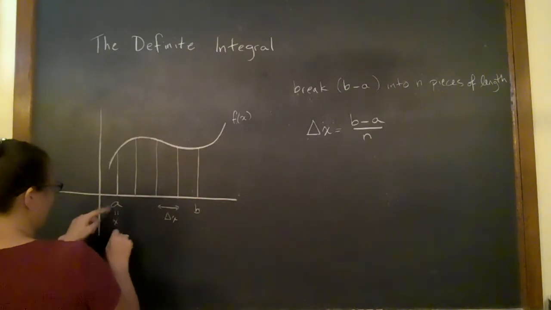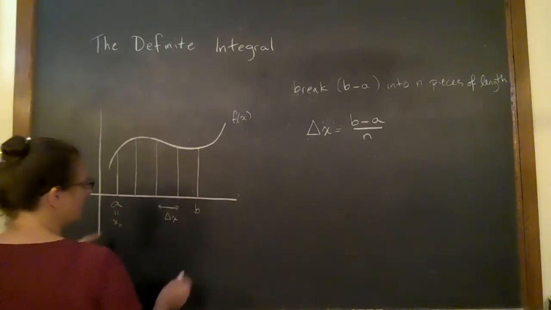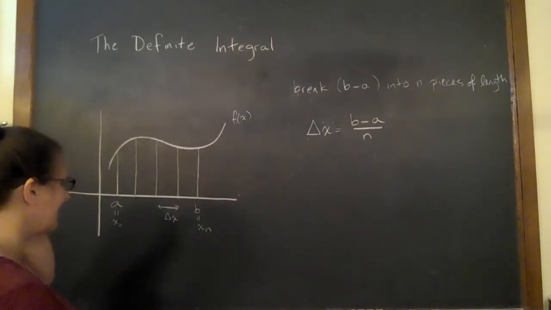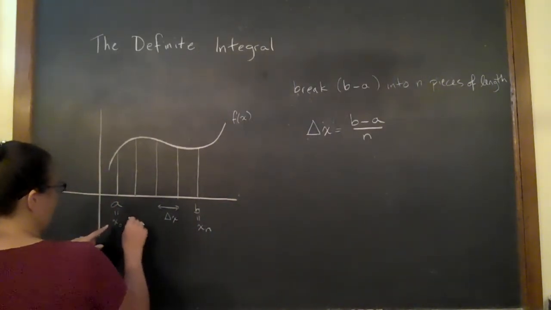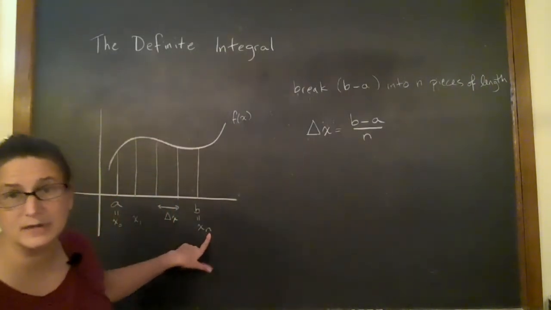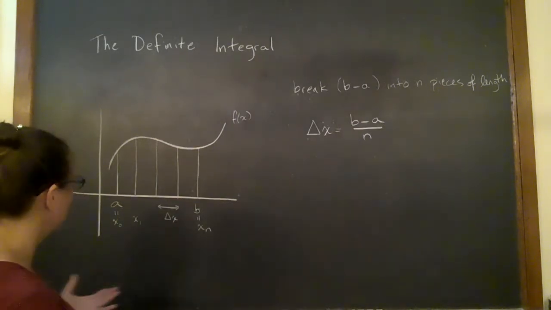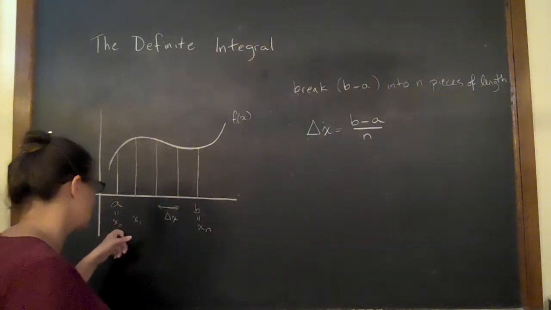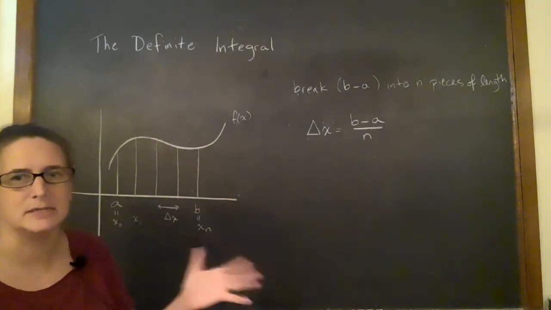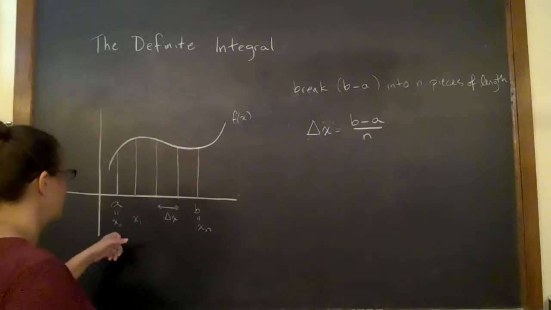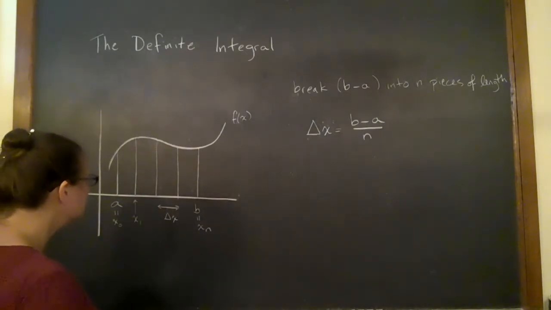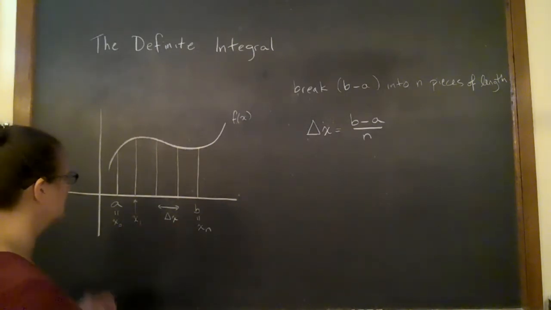We are going to call the first point x0, and the last point xn, so this would be x0, x1, x2, x3, and x4 in the picture because I only have 4 intervals. We start from x0 so that we end up with n. You could start from 1 and then have n plus 1, but this is the standard when you start from x0. So this point is x1, and delta x is always the same.